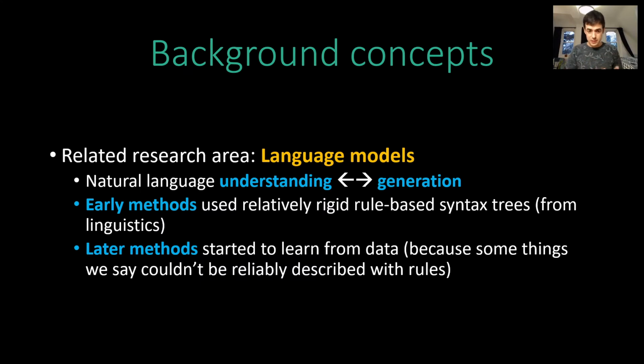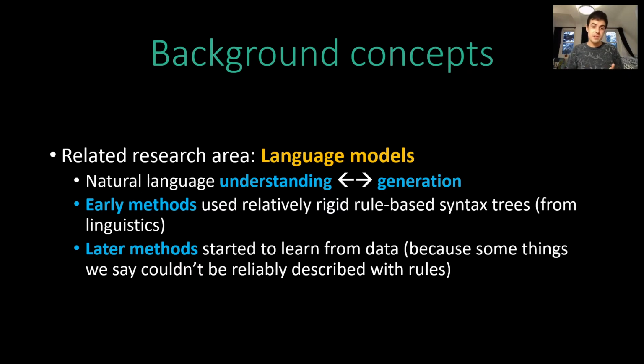The very early methods in this field used relatively rigid rule-based syntax trees. Whatever sentence I'm saying now, you would take it and separate the different positions of the words, what they mean, which word is linked with which, what the structure of the whole sentence is, and then try to use these rules to describe the whole language. That would be useful for some early models, but it's basically impossible to use for the super complicated and fluid language that we have now.